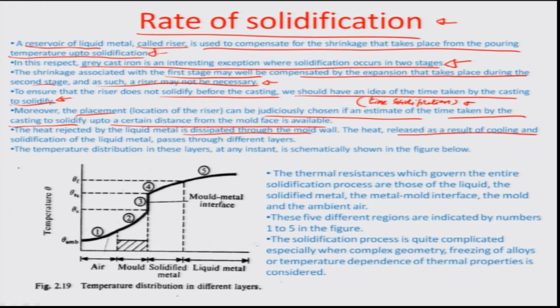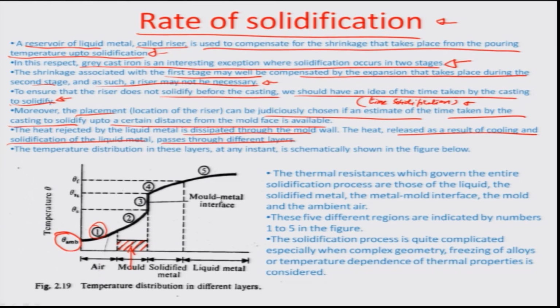The heat released as a result of cooling and solidification of the liquid metal passes through different layers. Let us look at what happens here. So, you have on one side the distribution of temperature across the mold face. So, this right here is the mold, and you can see that there is a temperature drop in the region 1 in between, let us say, in the air.